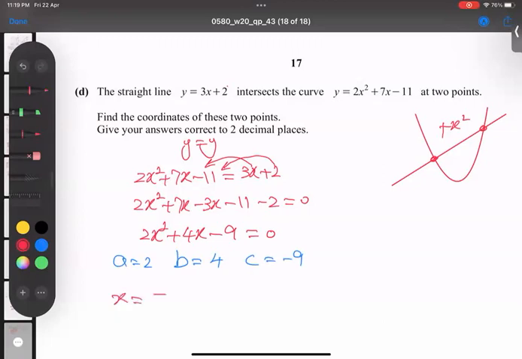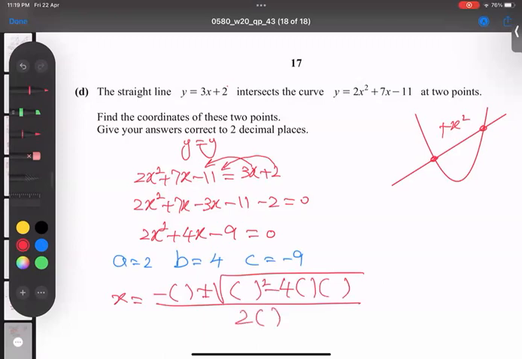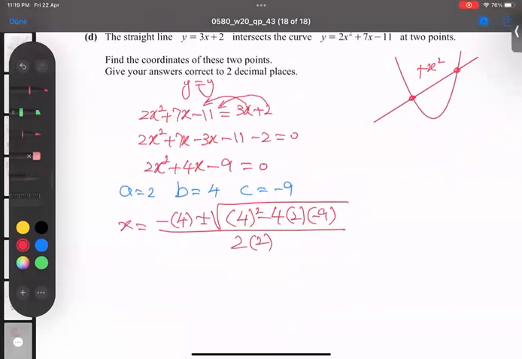So negative B plus and minus the root of B squared minus 4A into C, divided by 2A. B is 4 here, A value here and here, and C is minus 9. Let me calculate.